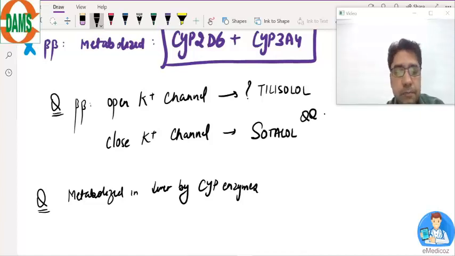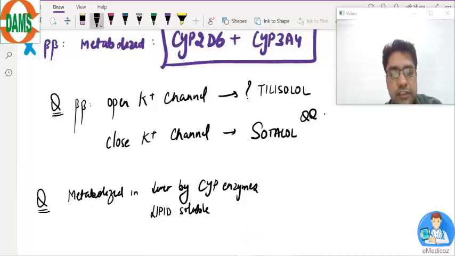Why? Because beta blockers are lipid soluble, and a lipid soluble drug is metabolized in liver by CYP enzyme so that it gets converted into water soluble form and can be excreted.